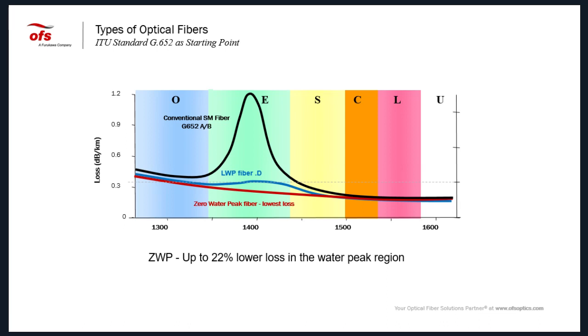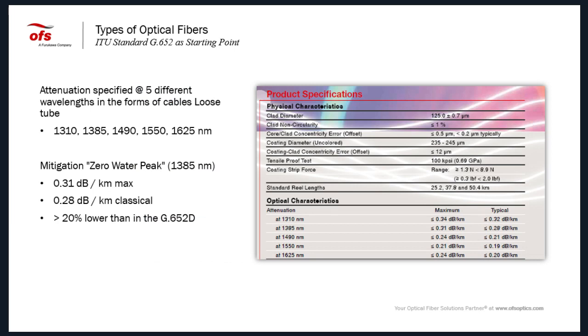So that's why it's very important, when you want to spec your attenuation or write your specification document, to specify it for 5 different zones to make sure that your fiber will operate in the whole spectrum, not only in the C band or the L band. You need to specify your attenuation for the wavelength 1310. Let me get my pen here.